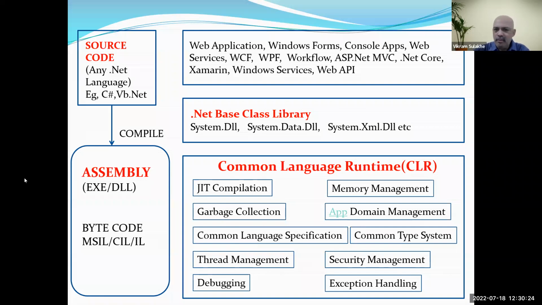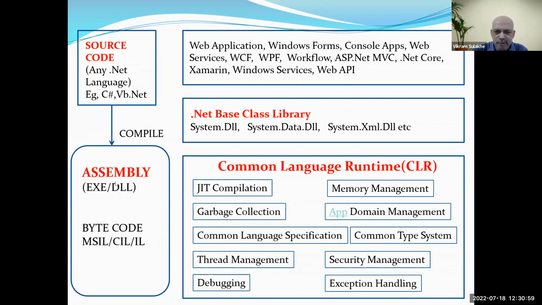Now, based on what we have discussed, based on whatever things that we have talked about here, I have a question for you, right? So my question is as follows. Let's assume I am creating one of these applications. Let's say I'm creating a Web Forms application, and I write some source code and I compile my code and I get my assembly.